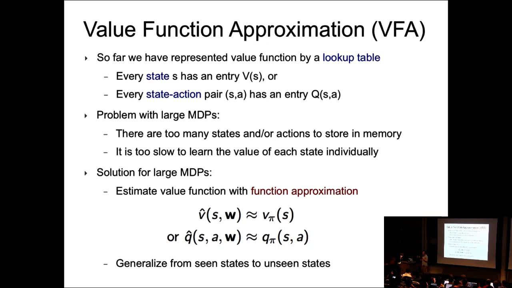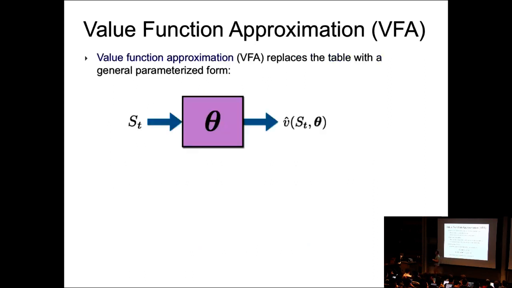And obviously you'll see later in deep reinforcement learning, most of these function approximators are going to be multi-layer perceptrons or multi-layer convolutional networks and such, right? So for the value function approximation, we're going to be replacing the table with a general parameterized form, right?